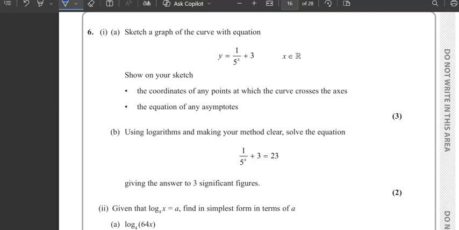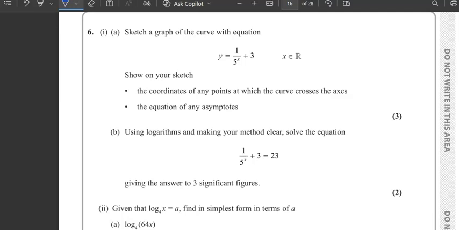When it comes to curve sketching, especially for exponential functions, we'll consider 3 major aspects: one, the nature of the curve; two, the point at which the curve cuts the vertical axis, that is the y-axis; and three, the equation of the asymptote.